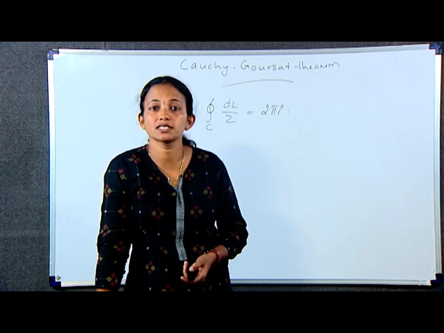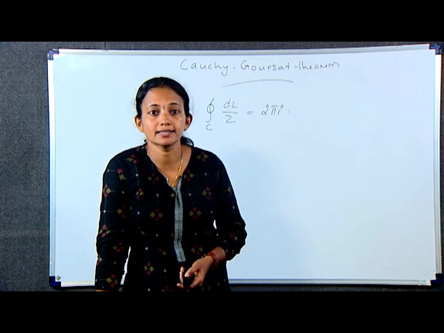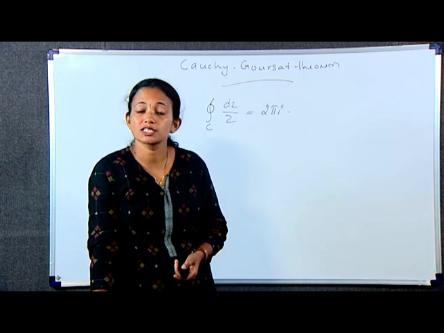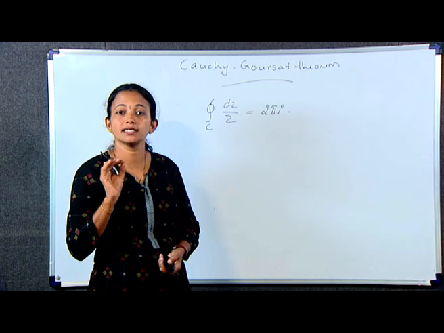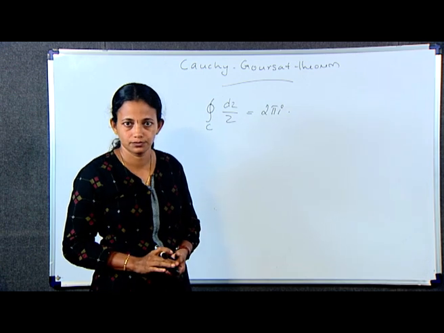Here the function f(z) is equal to 1 by z, which is not analytic at 0, hence it is false to say that integral over C of dz by z is equal to 0.